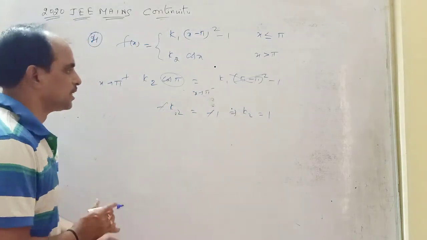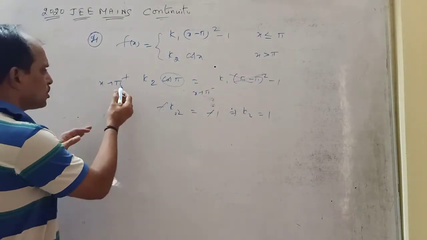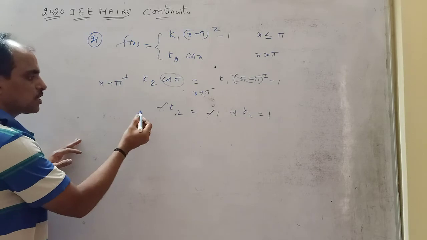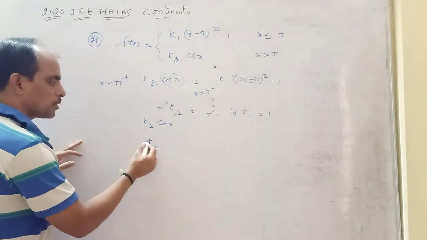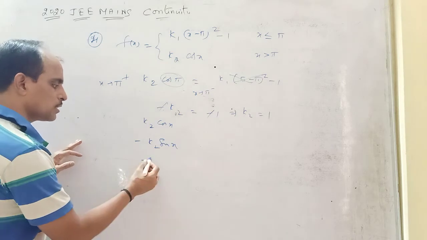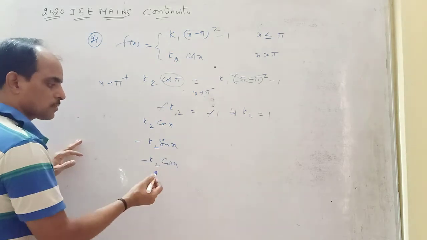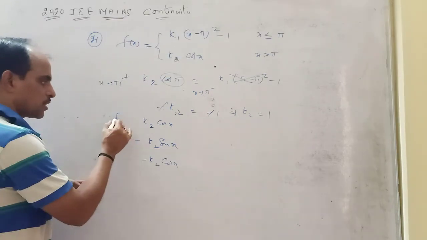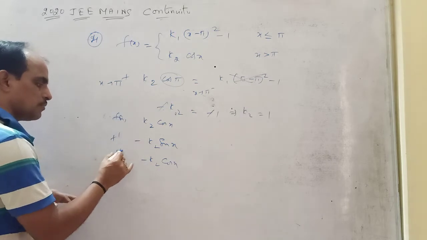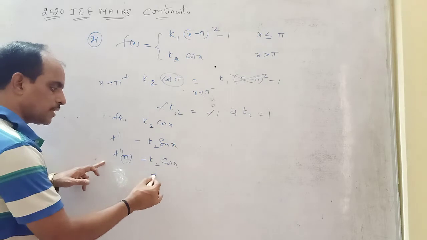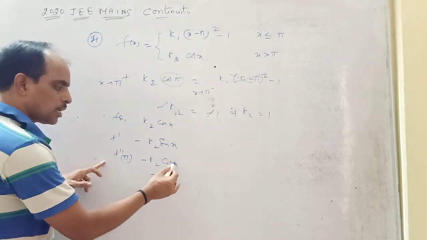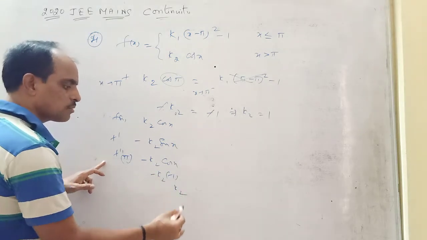Now differentiate. What about the function for pi plus? For pi plus, the function is k2 cos x. Now we differentiate 2 times: minus k2 sin x and minus k2 cos x. This is the given function f of x, f dash x, f double dash x. While substituting pi, what do we get here? Minus k2 cos pi, cos pi means minus 1, so it is nothing but k2.